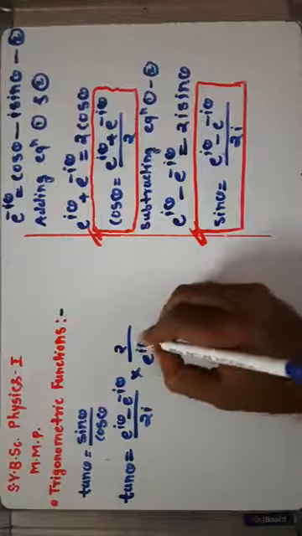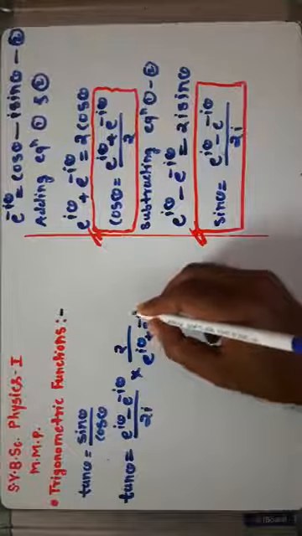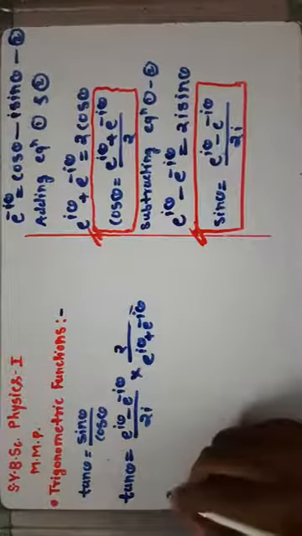e raised to i theta plus e raised to minus i theta, that 2 gets cancelled.